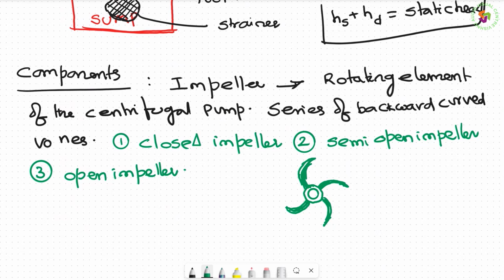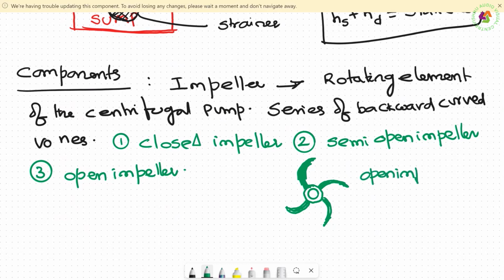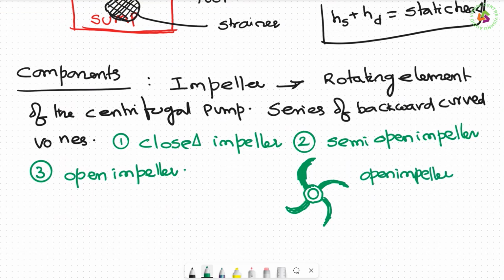Like this, the vanes are fixed. So this is called an open impeller. Take the example of just a fan. Only thing is, in the case of a fan, the blades are flat. If instead of flat you take them as curved, that is what the open impeller is.